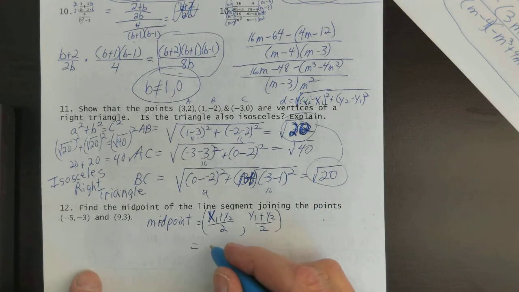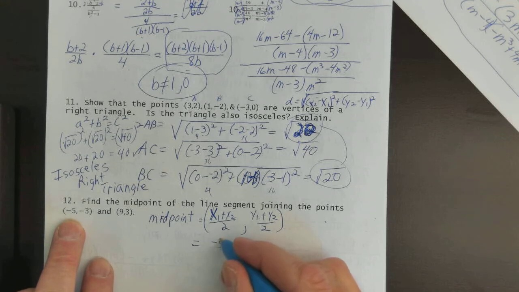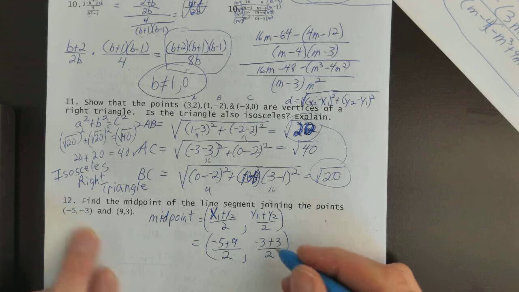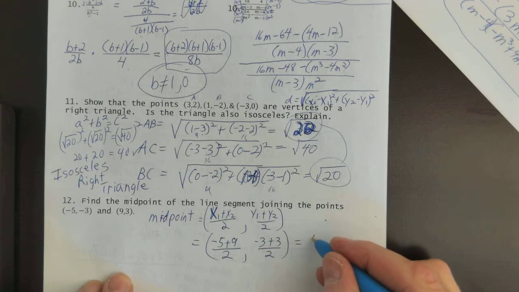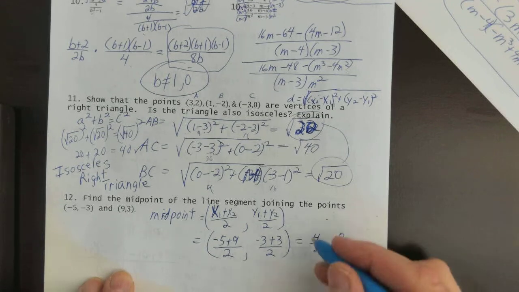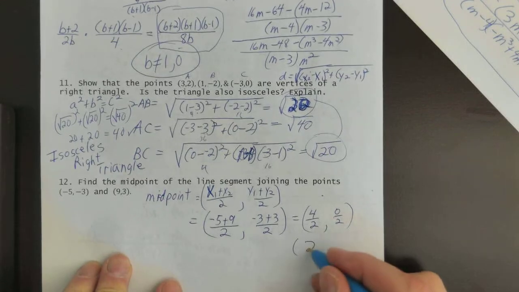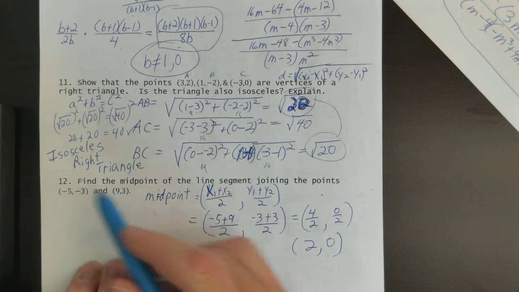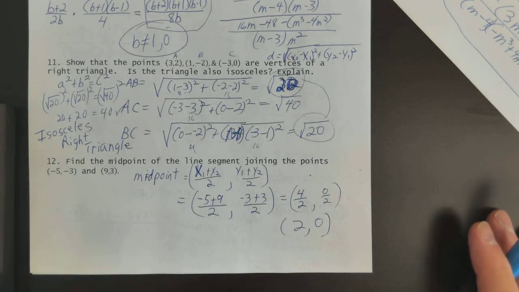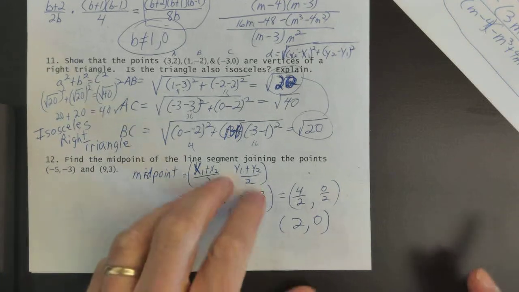So let's take -5 plus 9, put that over 2. Let's take -3 plus 3, put that over 2. And we're looking at 4 over 2 and 0 over 2, which is 2, 0, the midpoint of -5, 3 and 9, 3.